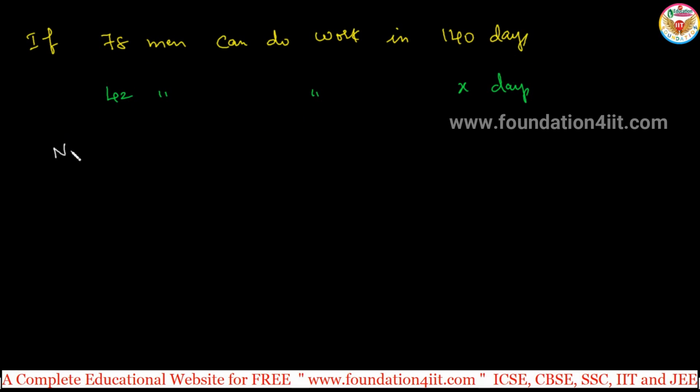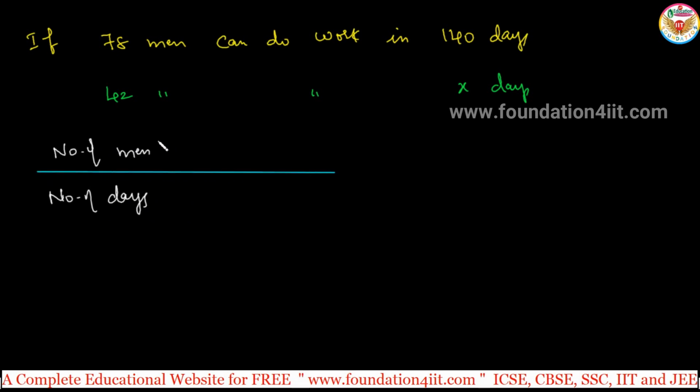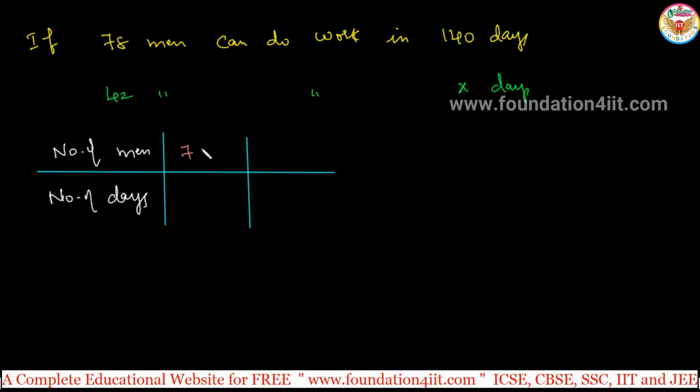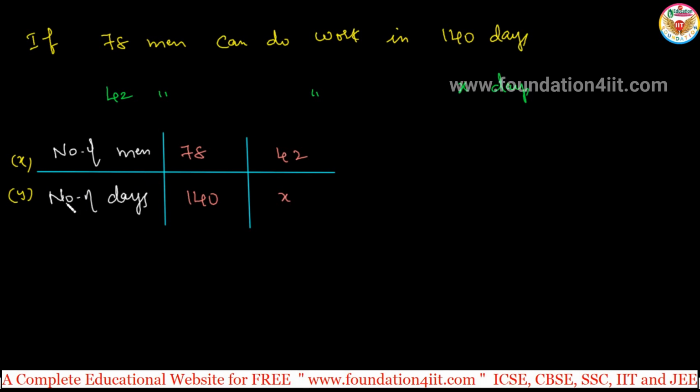If you make the table, number of men and number of days: 78 men take 140 days, and 42 men take x days. Always the first one is the x quantity and the second is the y quantity. So x into y is constant.